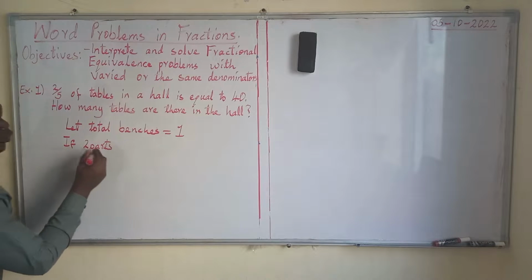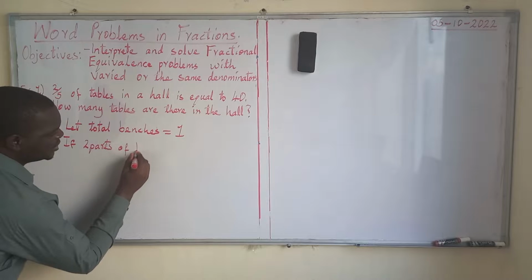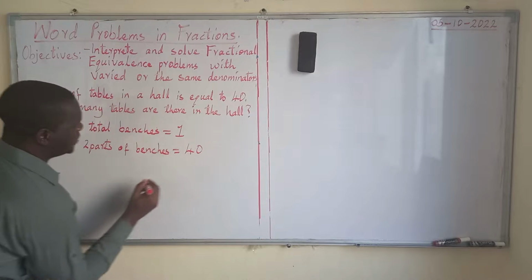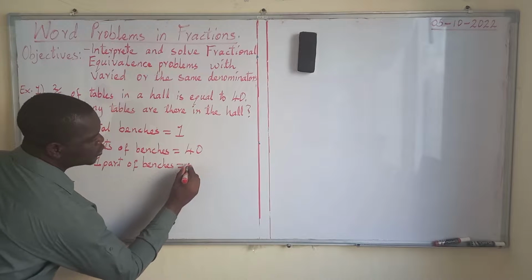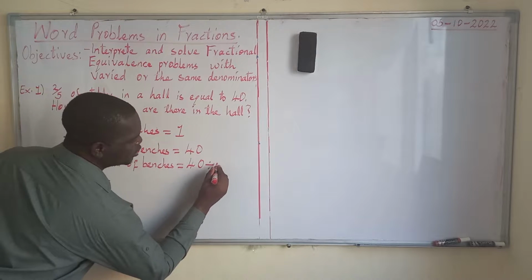So if 2 parts of benches is equal to 40, then 1 part of benches will be equal to 40 divided by 2.